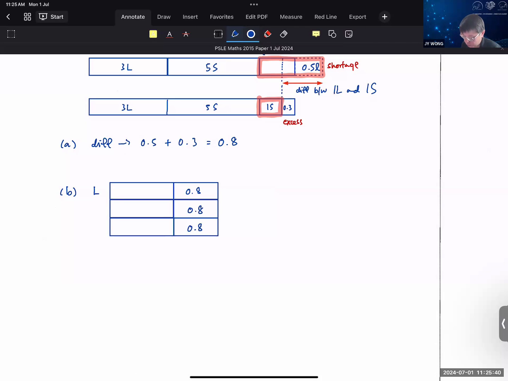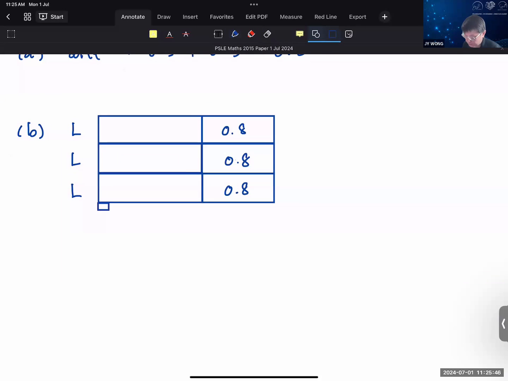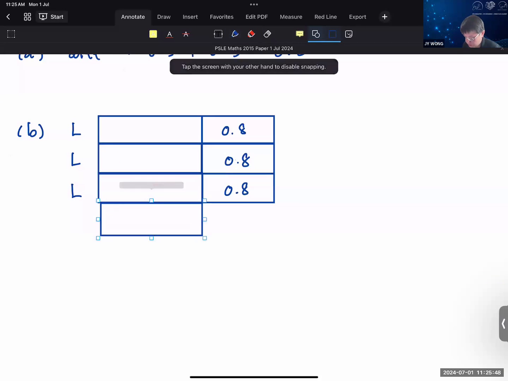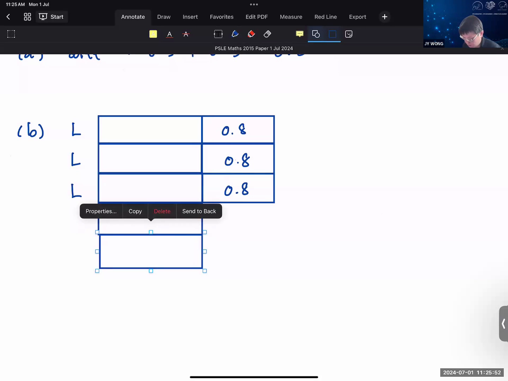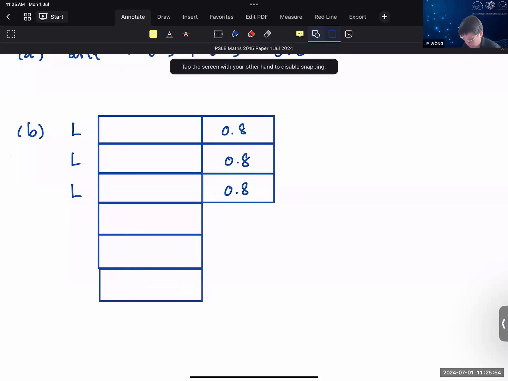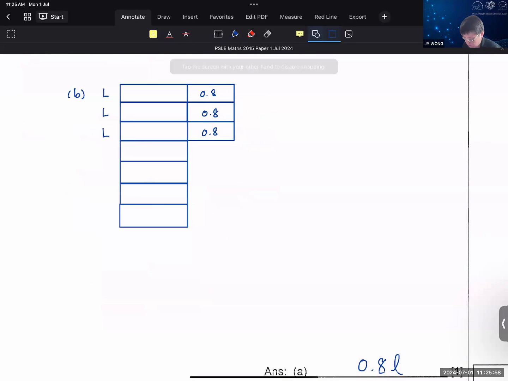So this is 1 large, 1 large, 1 large. She filled 3 large, right? And 5 small. Okay, so 3 large, 5 small. 1, 2, 3, 4, 5.